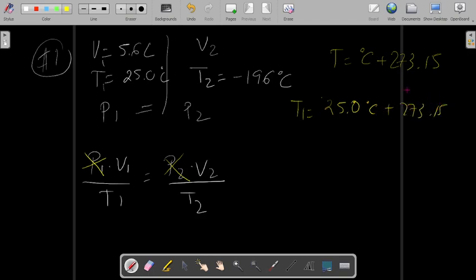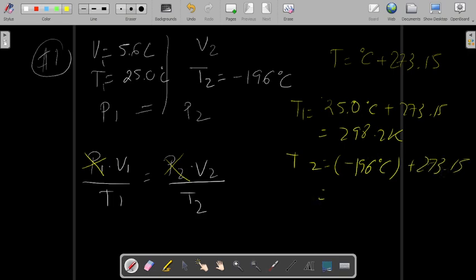And if I do that, that temperature is 298.2 Kelvin. I need to do the same thing for temperature 2. So it's minus 196 degrees Celsius plus 273.15. Do that, my next temperature is 77.2 Kelvin.